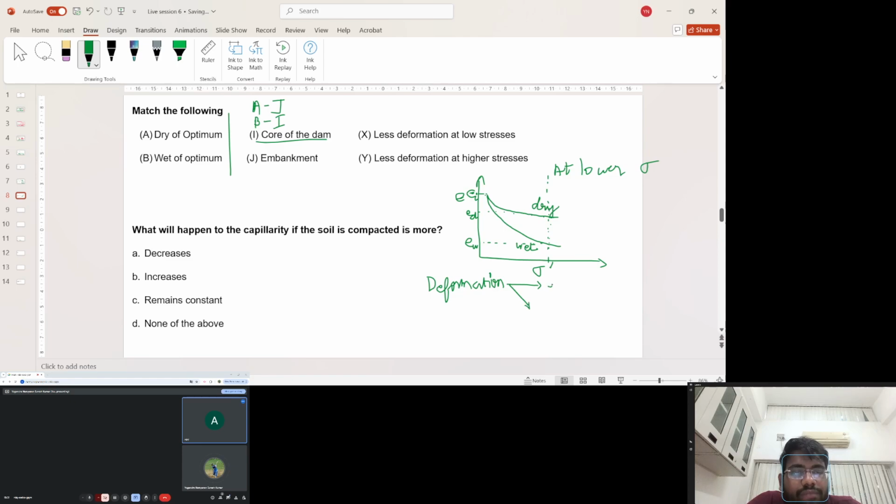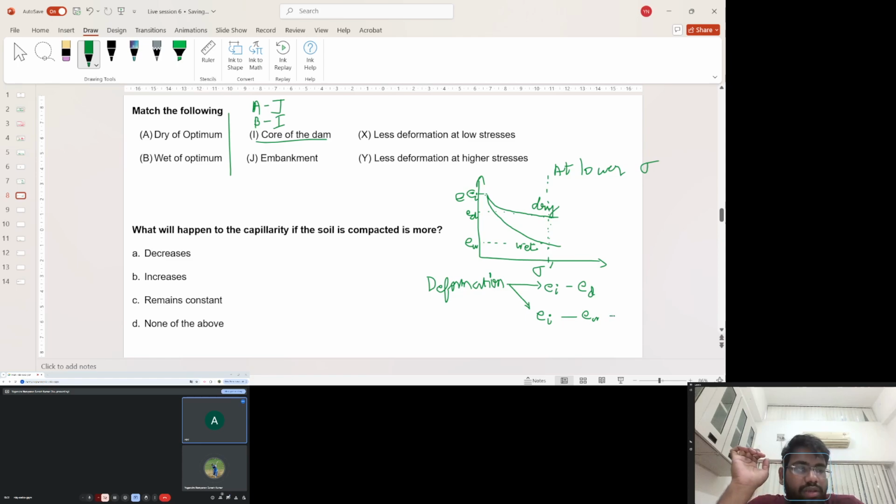For dry it will be EI minus ED, and EI minus EW. Now which will be higher?